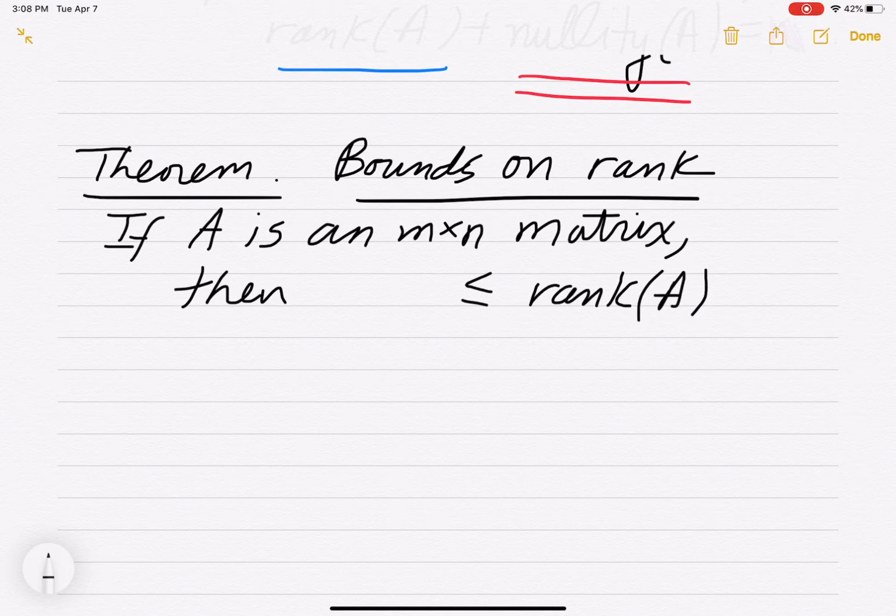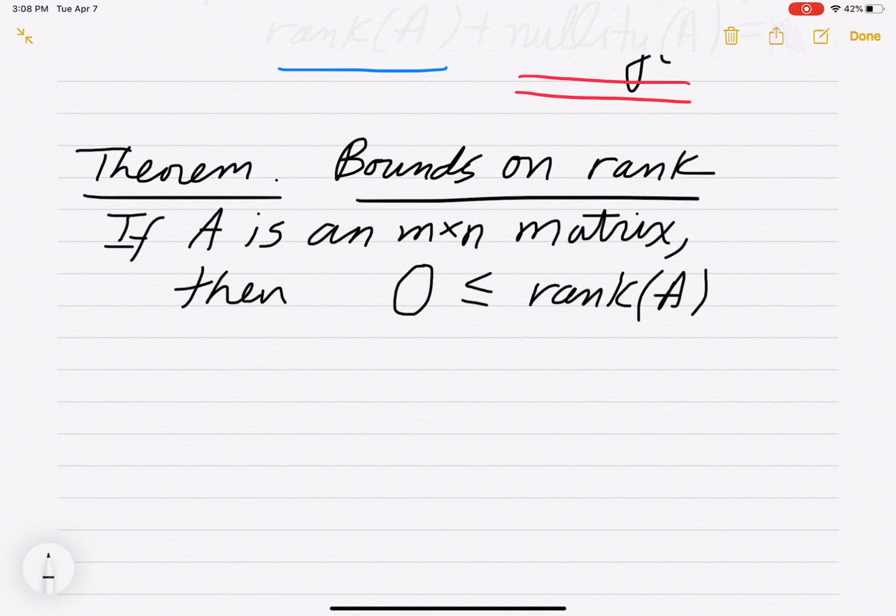First of all, the rank must always be at least 0. It doesn't make sense to have a negative rank. At the least, you can have no pivot columns. If you have 0 pivot columns, that's the worst case scenario for the rank.